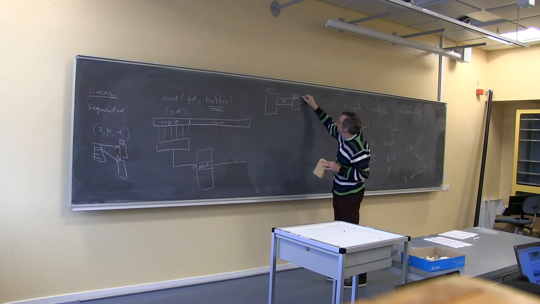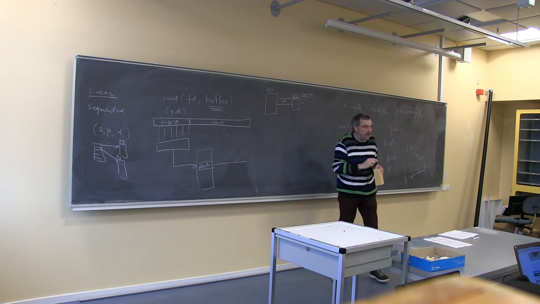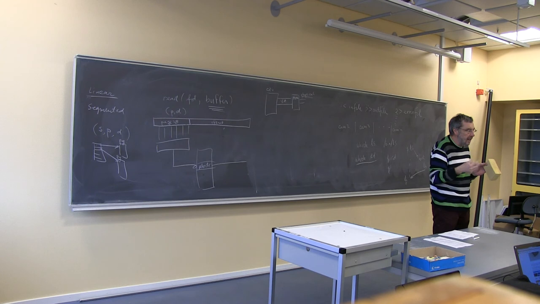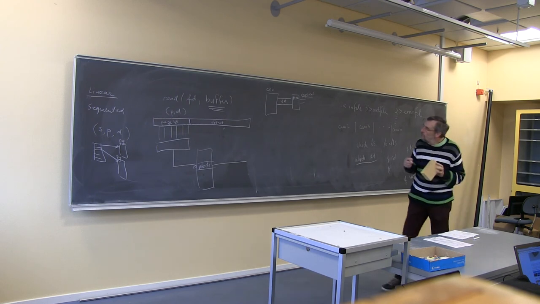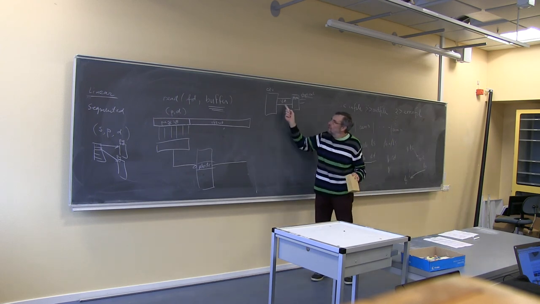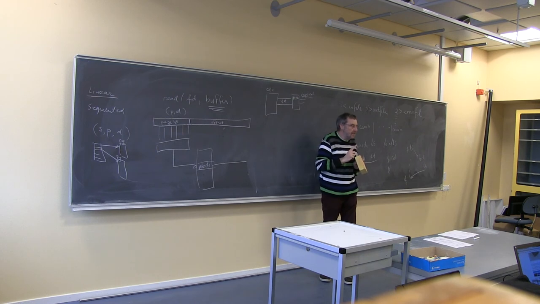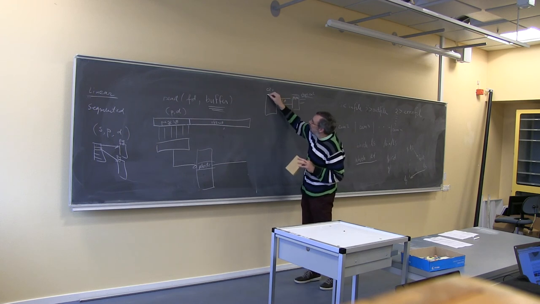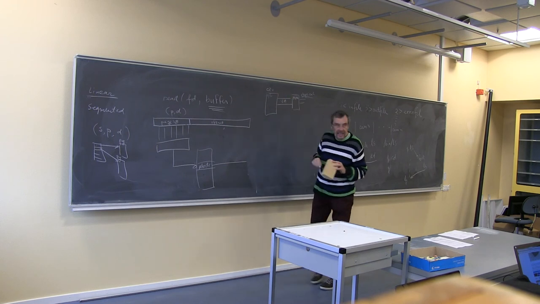So now you get a physical address. So you have to pass the MMU to have a physical address. So I would say that the CPU issues virtual addresses to the MMU. That is true.